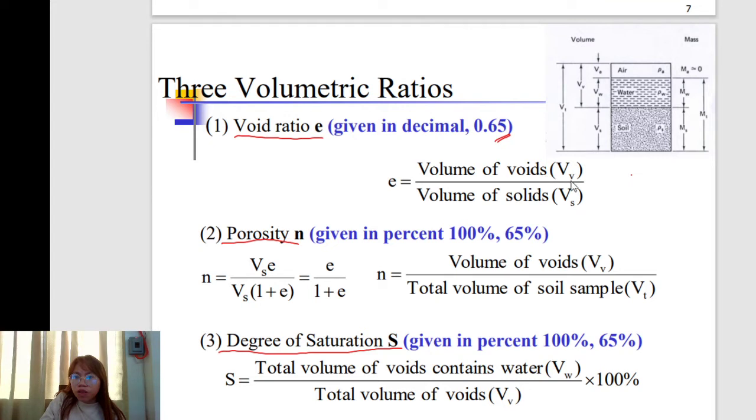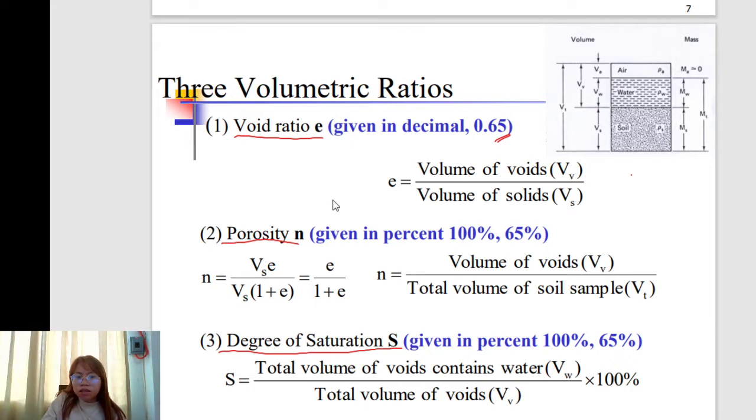And the volume of the voids is V sub W plus V sub A, the void in the water and the void in the air. The porosity is given in percent, say 65%. Again, this is just an example.